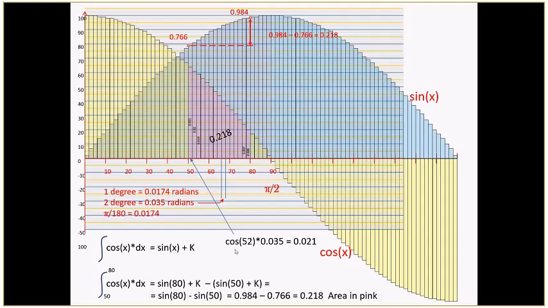Well, sine of 80, we are here, is 0.984, and sine of 50 is 0.766, and the difference of the two is 0.218, which happens to be the same as the area under the cosine between those two values.